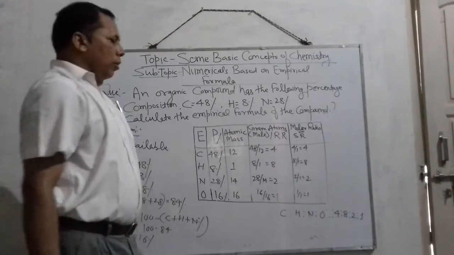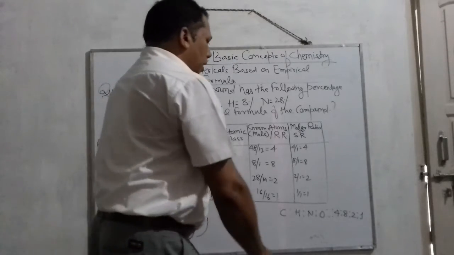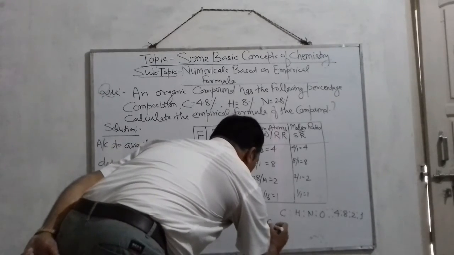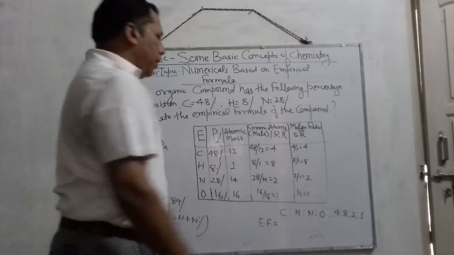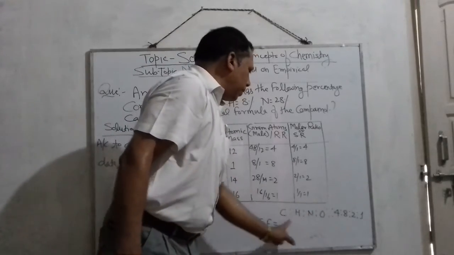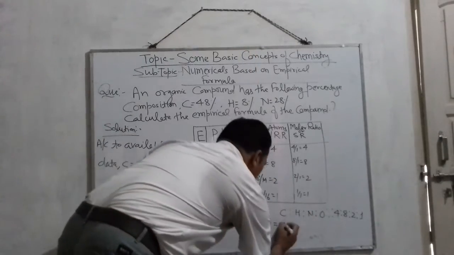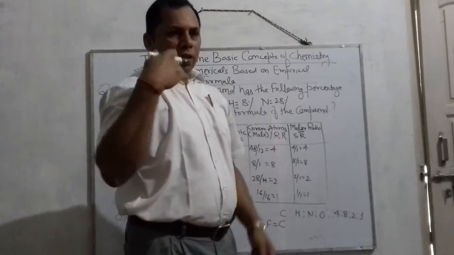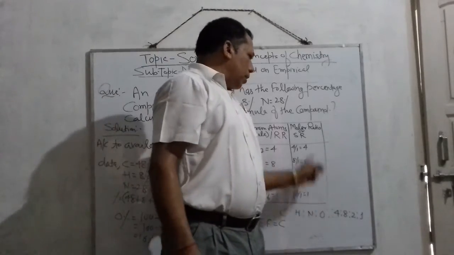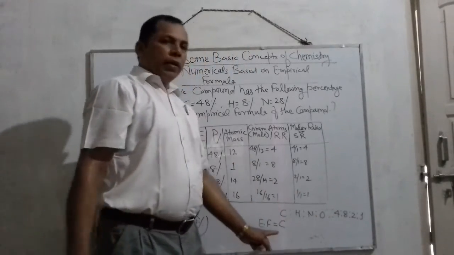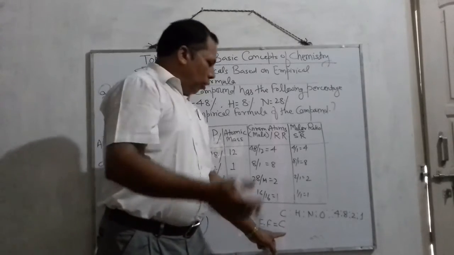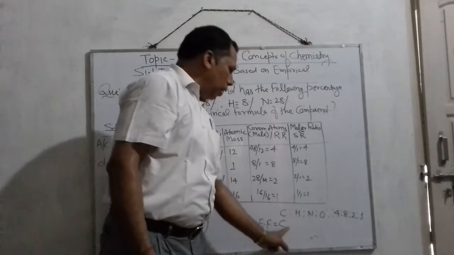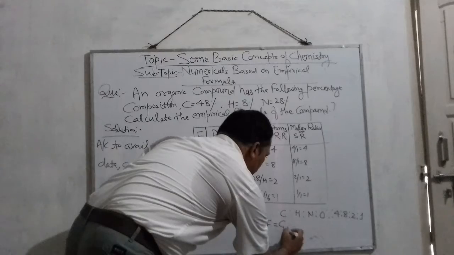So the empirical formula of the compound will be: carbon, ratio is 4, so write element C, and one point is there, the numbers coming in the simple ratio should be written at the right hand lower corner of that element. So this is 4.